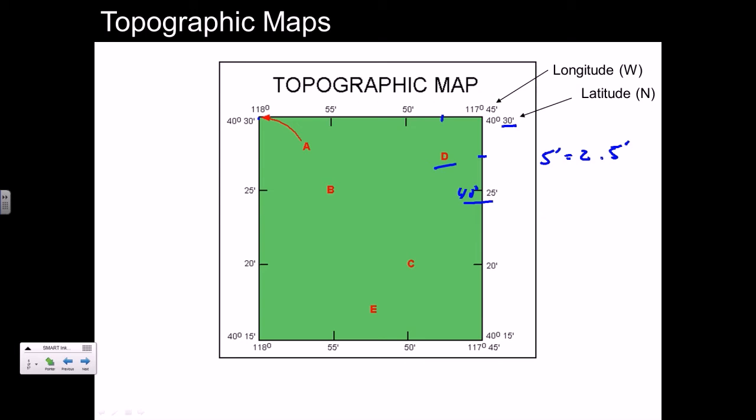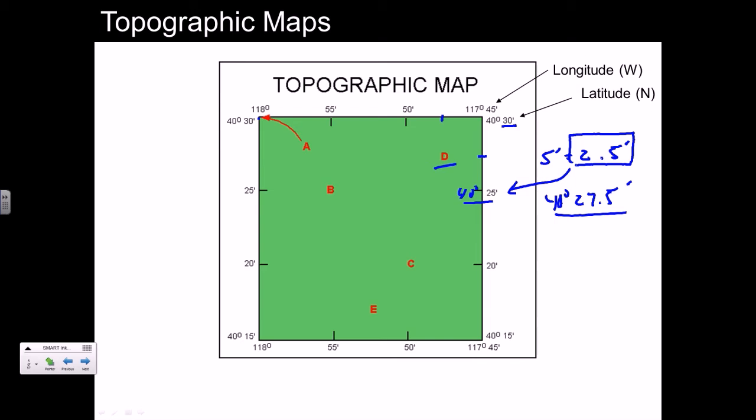So we're going to be adding 2.5 minutes to this 25 value. So it becomes 40 degrees, and then we add 2.5 to 25, and that's going to be 27.5 minutes, right?